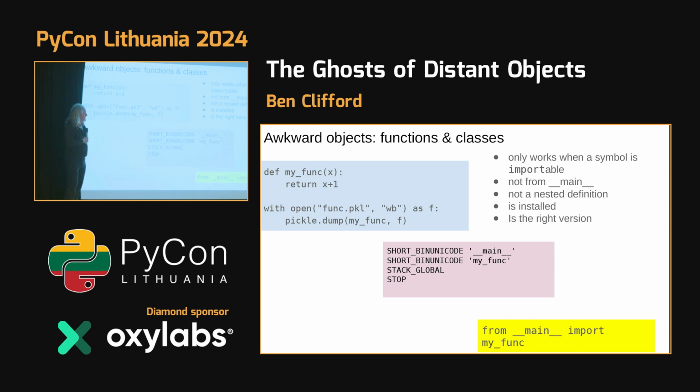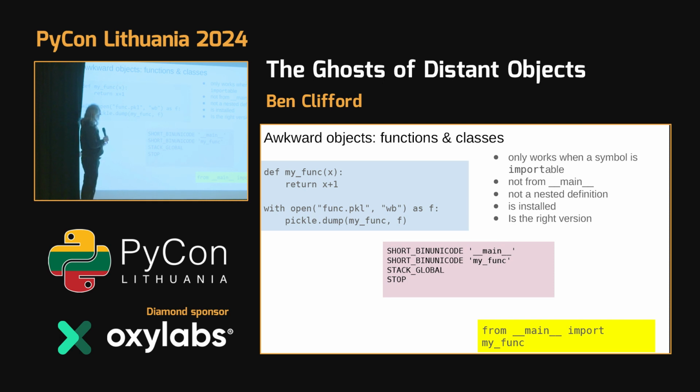So that doesn't work if you've got closures. So if you've defined a function inside another function, because you can't import that as a statement like that. It needs you to have whatever library that came from installed at the far end. So if I'm using some specialized science library on the saving side, I've got to have that science library installed when I unpickle it. They have to be the same version, or at least compatible versions of the library.